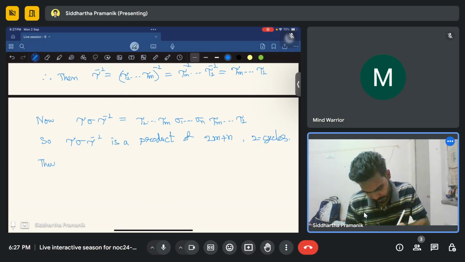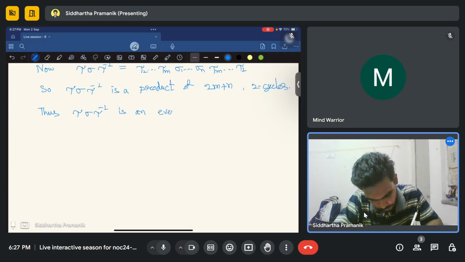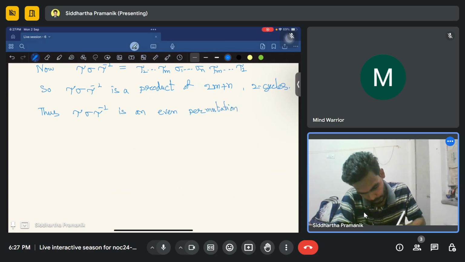So thus tau sigma tau inverse is an even permutation if and only if this number 2m plus n is an even number.